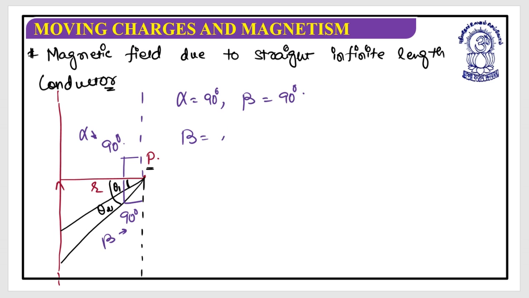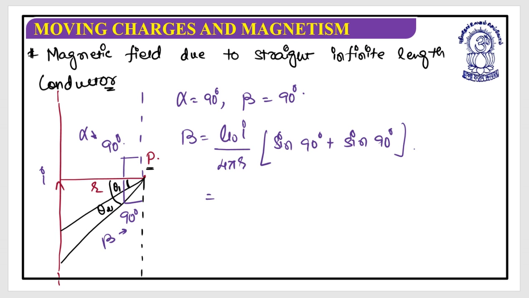According to the Biot-Savart law, this should be mu naught I divided by 4 pi r multiplied by sine 90 plus sine 90. This is 1 plus 1, which is 2, so it can be written as mu naught I by 4 pi r multiplied by 2, that is equal to mu naught I by 2 pi r.